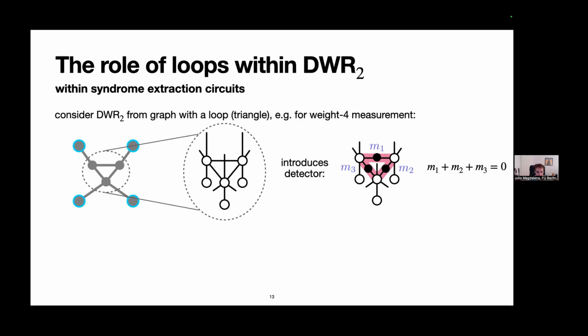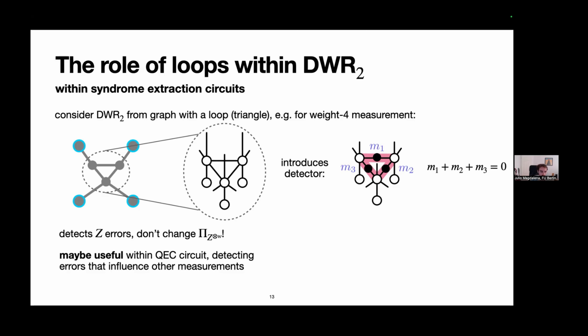Now, since these detectors are XX measurements, they detect Z errors. In particular, Z errors don't actually change the value of the projector, or the measurement outcome that we get. They are not annihilated by this projector, they just commute with it.